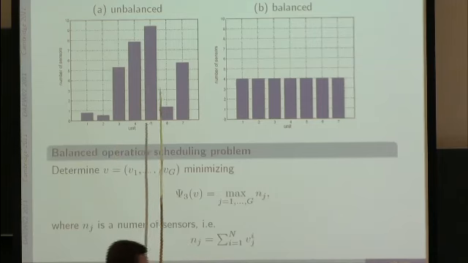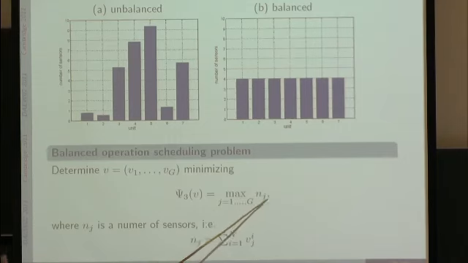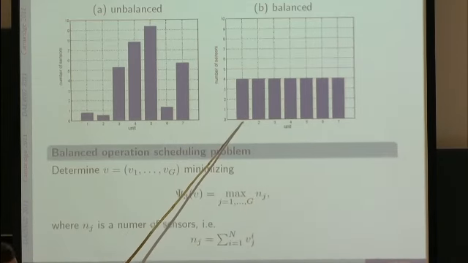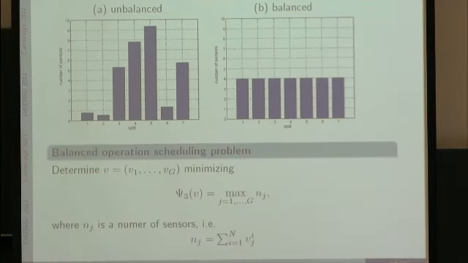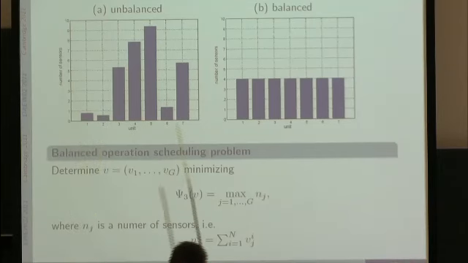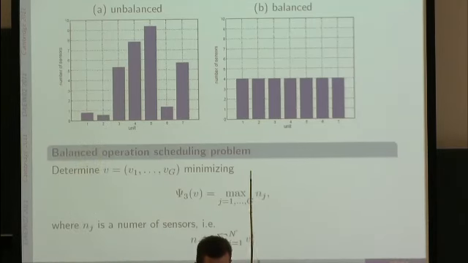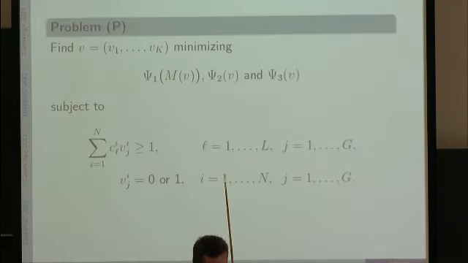The problem is very easy to define. We just have to minimize the maximal number of resources, in this case sensors, used per each unit. It's practically easier to set up the experiment when you use the same amount of the resources every time.